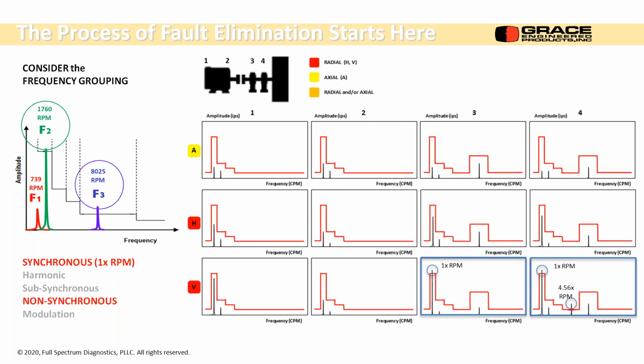Blade pass frequency is a pulsation from each blade going past, usually like in a pump, past the exit orifice, and it pulses the liquid or the fluid. In a fan, it's going past some obstruction and you'll pulse the fan a little bit. The reason it's not in the motor is because there's no blades, there's no pump or fan in a motor. So these will show up on just the fans, the compressors, and the pumps in your system, and you want to trend that. Usually about 50% of the overall level is the allowable.